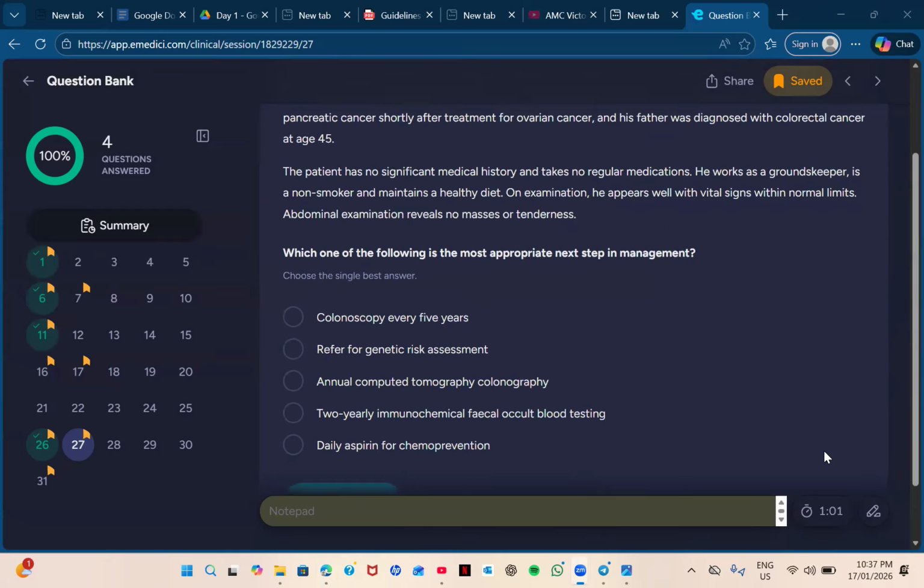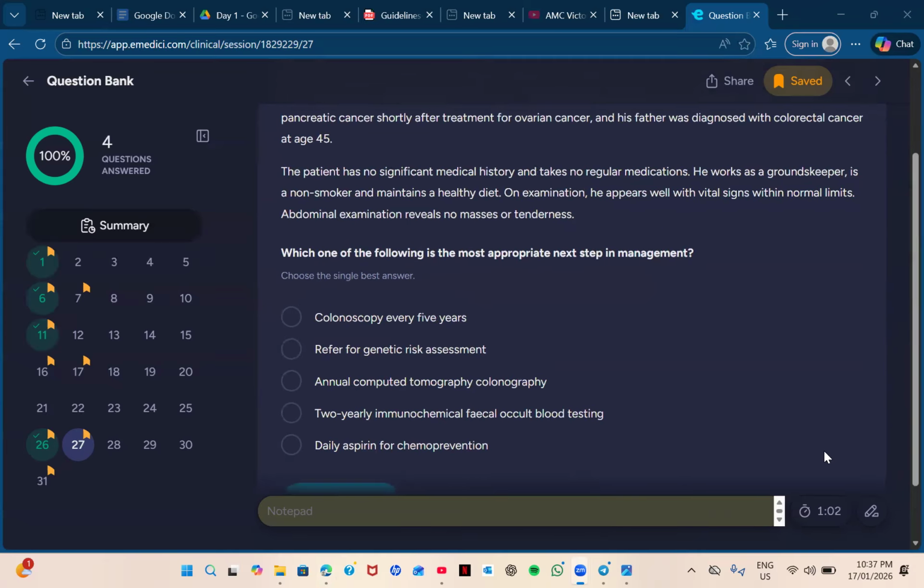What is the answer? And you have to give some hint why you should select this as the answer. Why should we refer this patient for genetic counseling? What is suspicious here? What syndrome? Lynch syndrome, right?